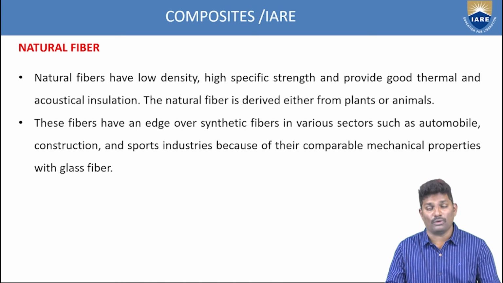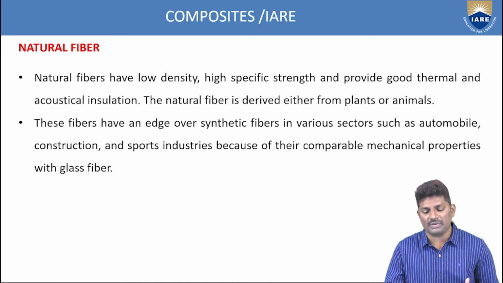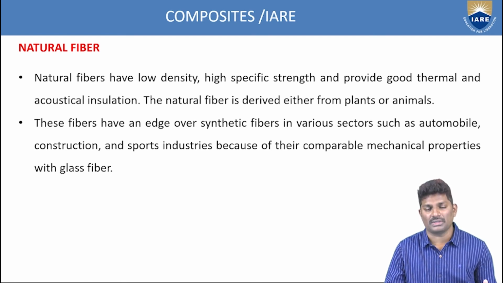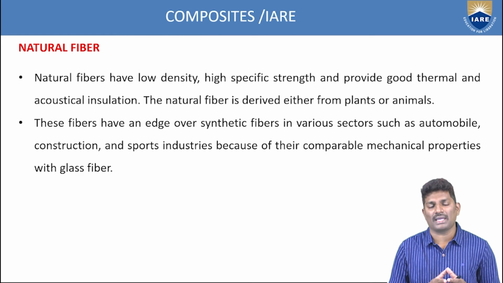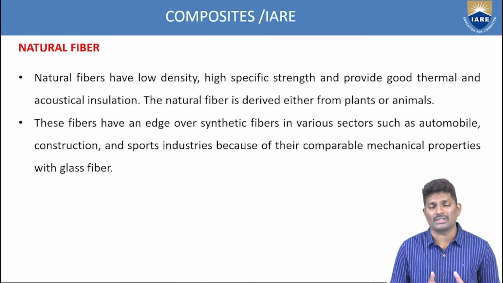Natural fibers have low density, meaning very lightweight with good specific strength, and provide good thermal and acoustic insulation. Thermal expansion is very low, and they are good thermal resistance materials.